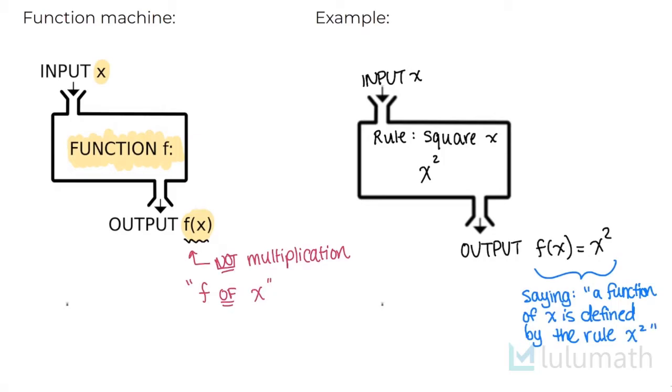So this is saying a function of x, which is this f of x right here, is defined by, which is this equal sign right here, the rule x squared, which is this x squared that we see here.